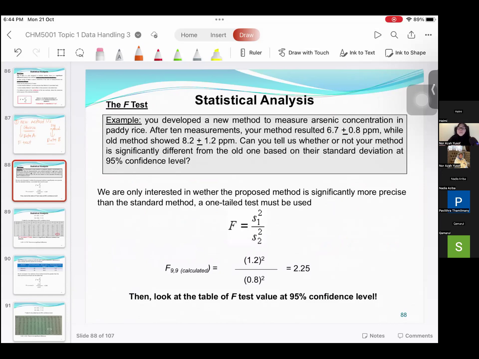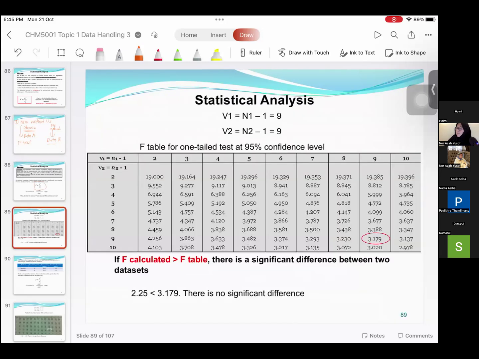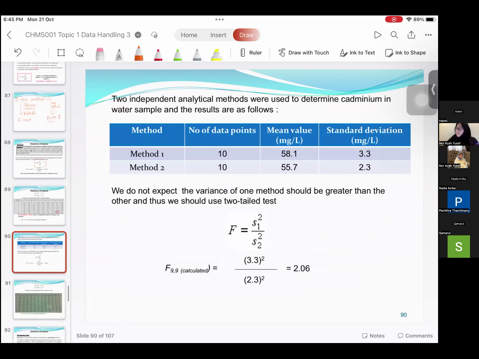So this is about precision. This is the formula. Don't worry, we will do the real example in the 8 to 9 session, and we will discuss this later.